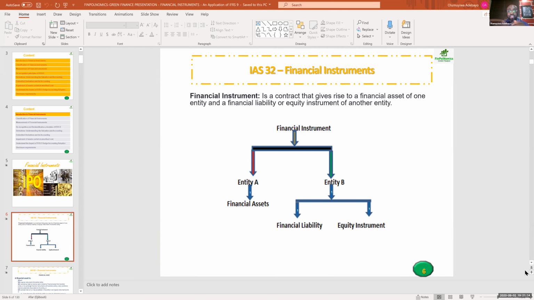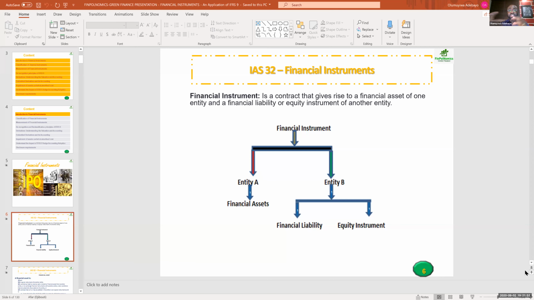Now, when you look at our presentation, you'll find that there are two sides to the coin. Part A is entity A, Part B is entity B. If a contract emanates from both parties, and at the end of the day, A has that contract giving it rights to financial assets, and B has an obligation towards a financial liability or towards equity instruments, such is simply put as a financial instrument.